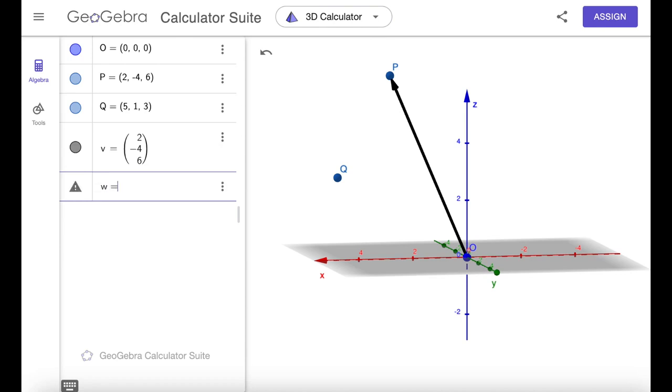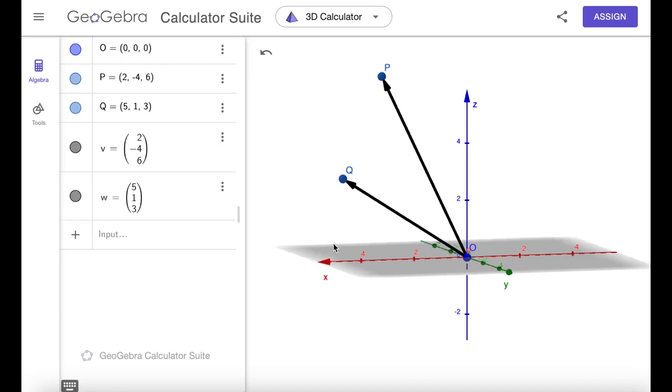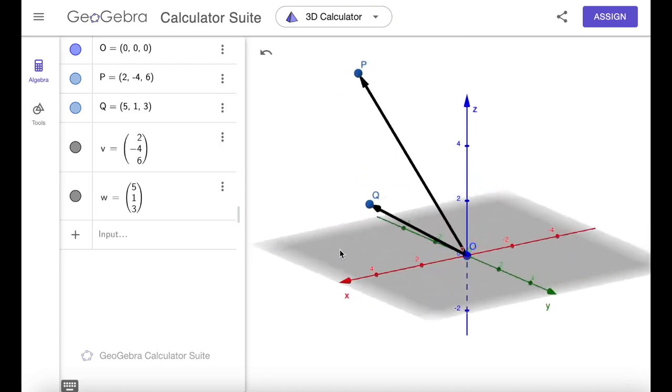Let's call the next vector w being the one that starts at the origin and terminates at q, which is going to be 5 minus 0, comma, 1 minus 0, comma, 3 minus 0, and there's my ordered triple that is the terminal point of q. So here I have two vectors that are in the desired plane, right?